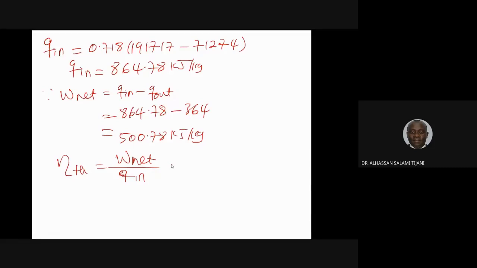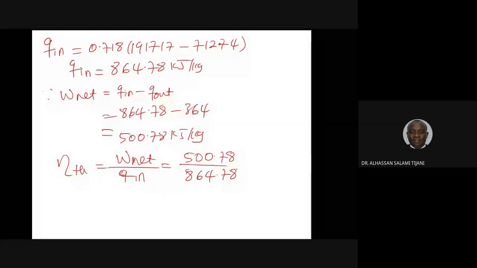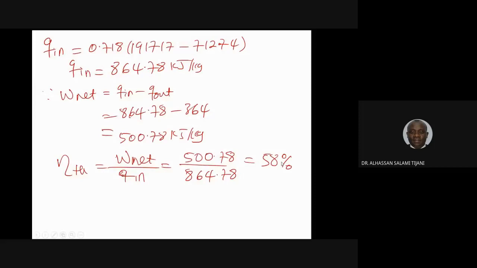So now we know Q in, we know W net, we can find the efficiency. So that gives us 500.78 divided by Q in, 864.78. So this gives me, if you calculate this carefully, 58%.